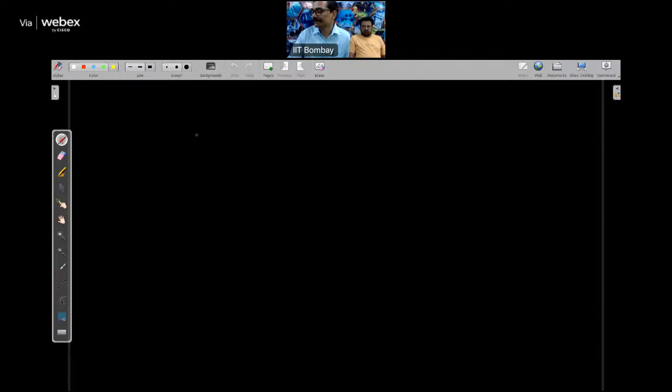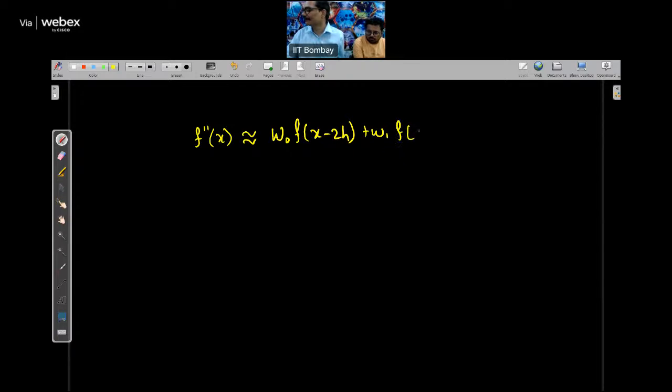See, the question is you want f double dash of x to be approximated by W naught f of x minus 2h, plus W1 f of x minus h, plus W2 f of x.